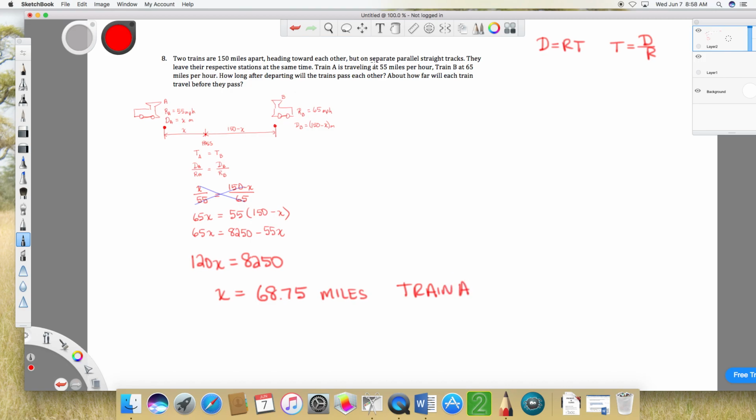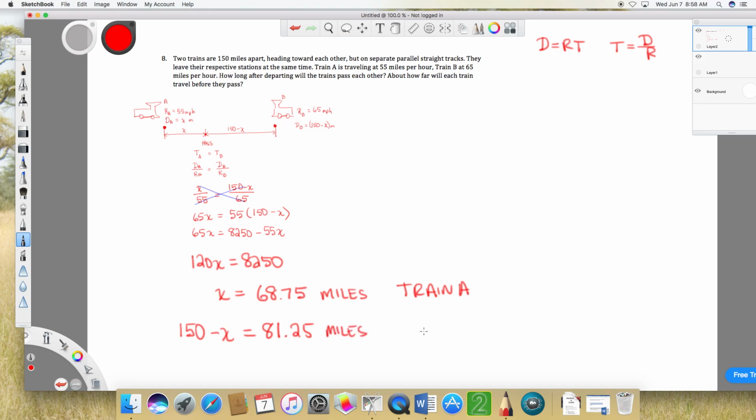Now, let's come back up to the questions: how long after departing will the trains pass each other, and about how far will each train travel before they pass. This is the second part. We know Train A is traveling about 68.75 miles, and 150 minus that is 81.25 miles.